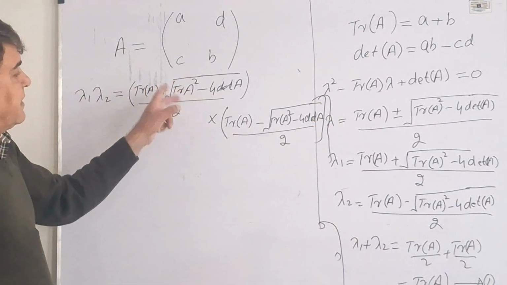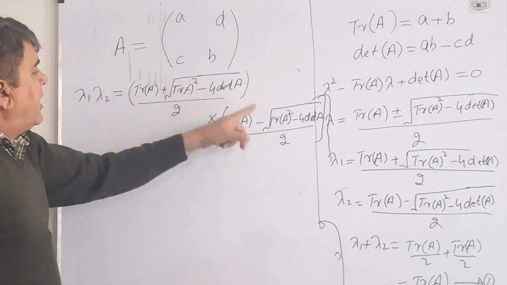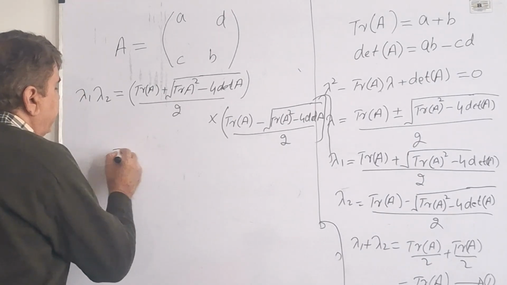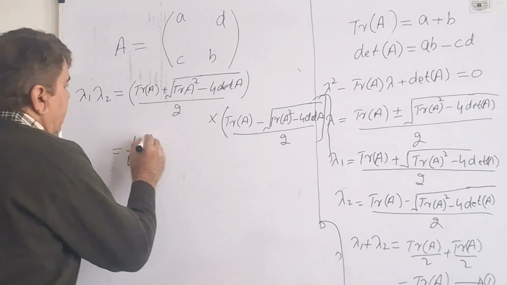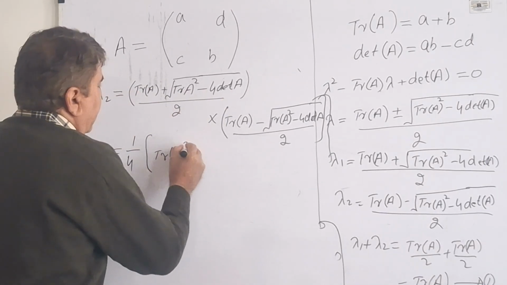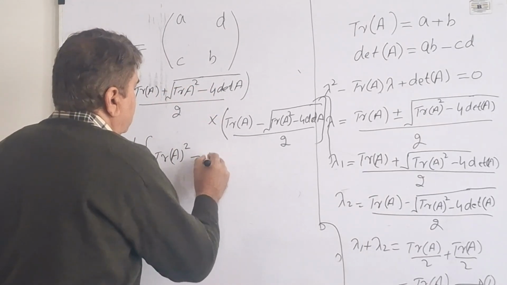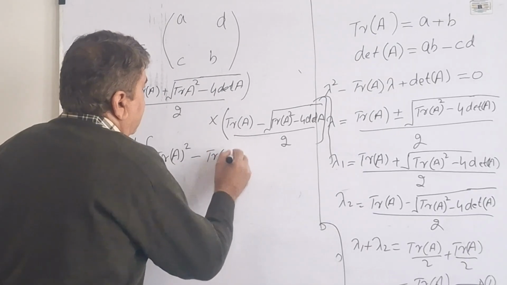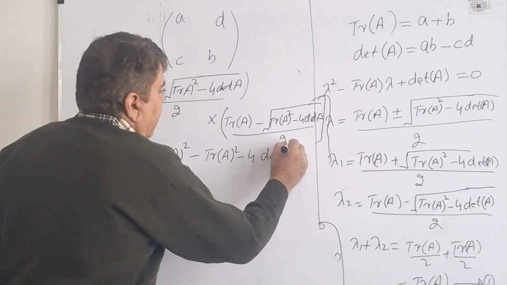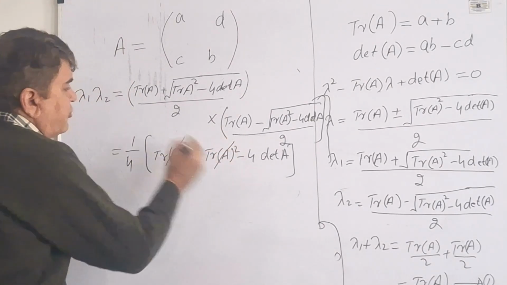Okay, now this is something like A plus B multiplied with A minus B. So I can write the trace of A squared as a result, and the 2 with 2 would make it 1 by 4, so I write that over here, and that would give me trace of A squared minus this whole thing, that equals trace of A squared minus 4 determinant of A. Now this trace of A squared cancels with this trace of A squared.